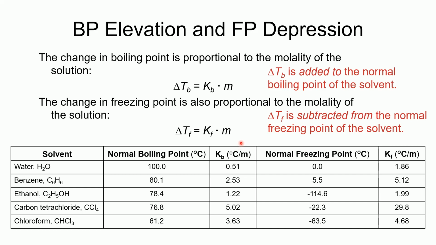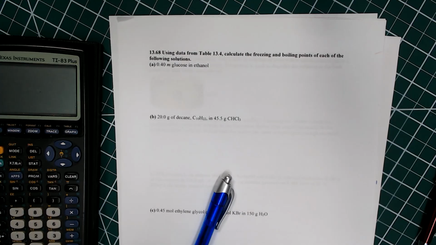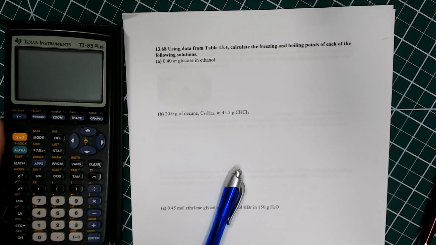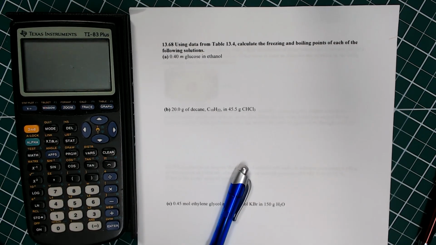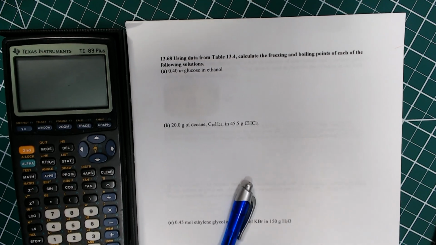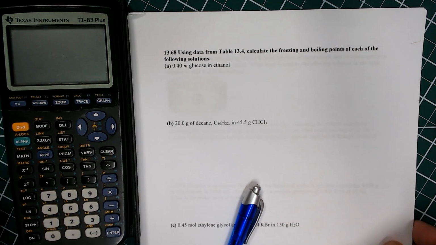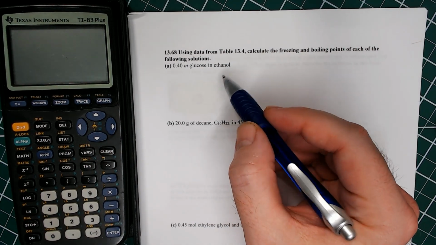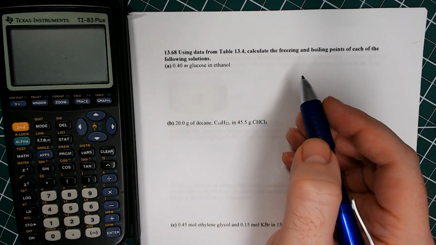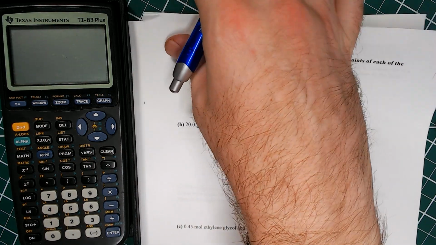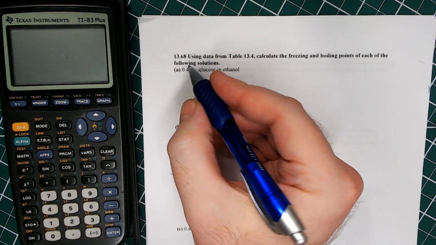Let's just do part A of number 68, which is the next one on the in-class assignment. All right, so here's number 68, and again, we're going to do part A. There is the molality, and we're going to calculate the boiling point elevation and the freezing point depression.